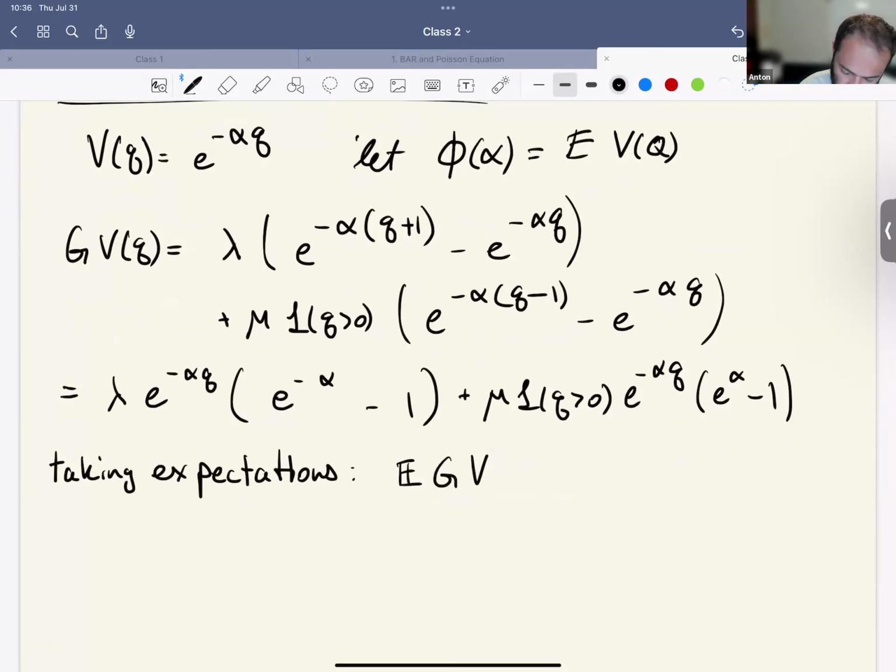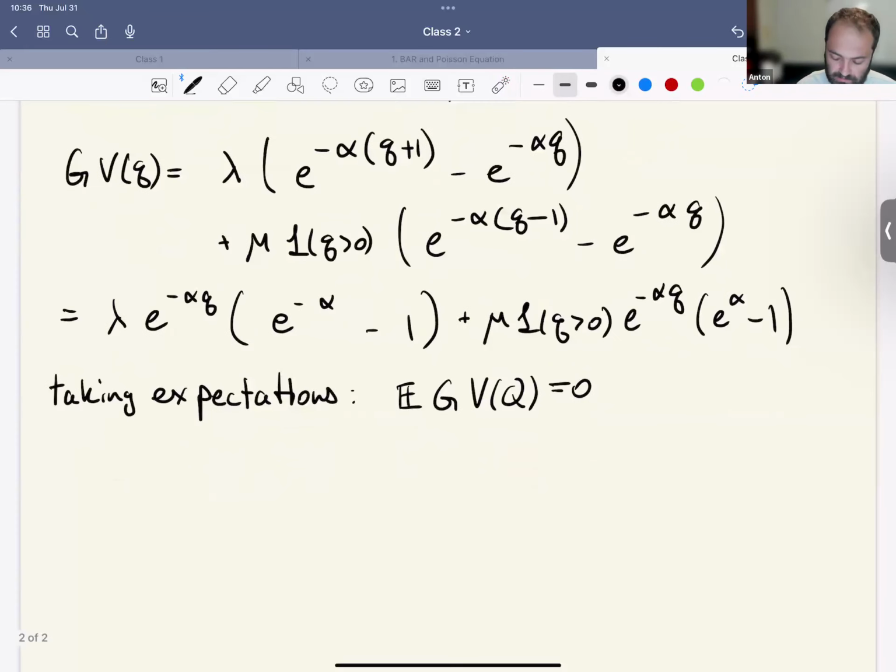Expected value of G of V of q equals 0. How do we know it's equal to 0? Well, the generator has bounded transition rates, and the Lyapunov function is bounded itself. So the condition, the lemma from last class, is satisfied.